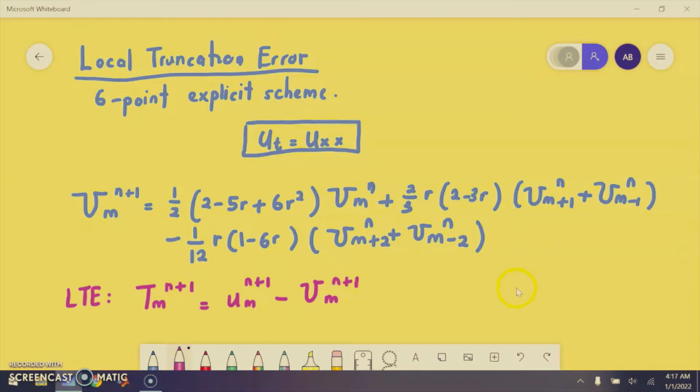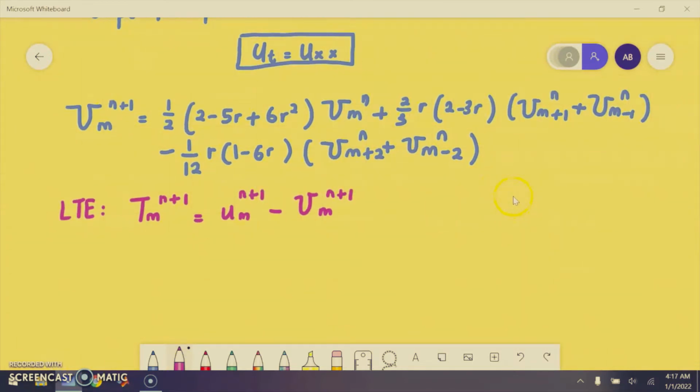So in other words, to find the LTE, we have the exact solution minus the approximation. So our approximation is the 6-point scheme. Okay, so what we want to do now is derive the LTE. We're going to look at each term here.